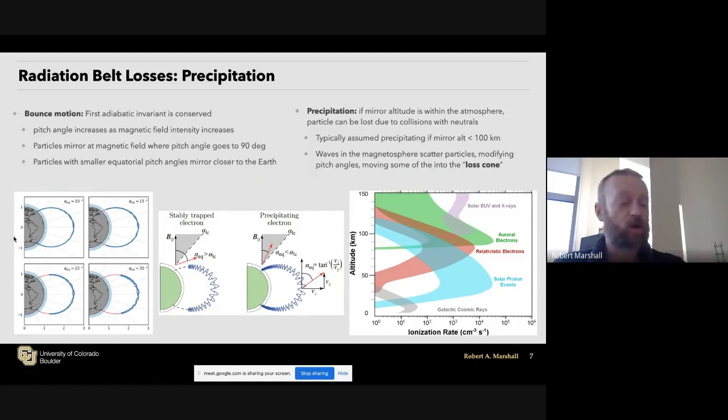And so this process of precipitation is relevant to radiation belt electrons, that's the red band in this plot on the right, but also solar protons, auroral electrons, and solar photons. This highlights how each of those different constituents deposit into different altitude ranges of the atmosphere. For these radiation belt electrons, we're mostly going to see the effects between 50 and 100 kilometers, but we will see effects even lower than that, which I'll talk about as well.